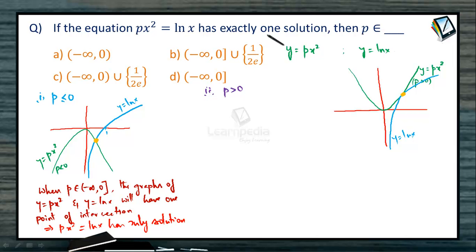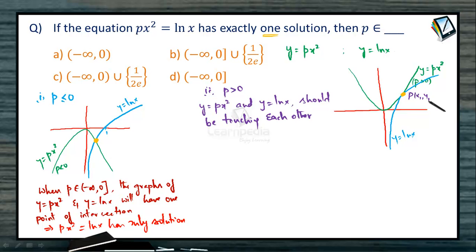But in order to have only one solution, it's only possible for the two graphs to touch at one point. So what did we conclude when p is greater than 0? One important observation is y equal to px square and y equal to ln x should be touching each other, right? Let's call this point for convenience as point P having coordinates x1, y1.